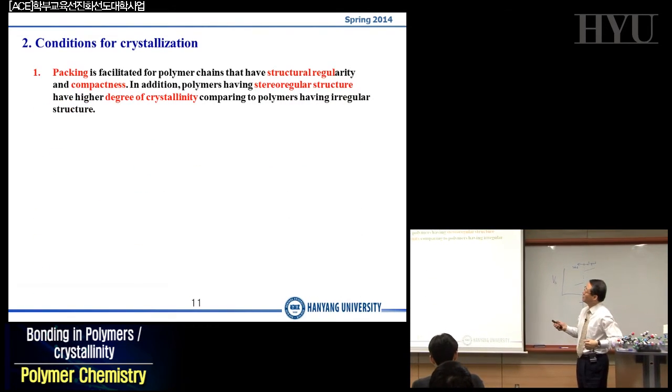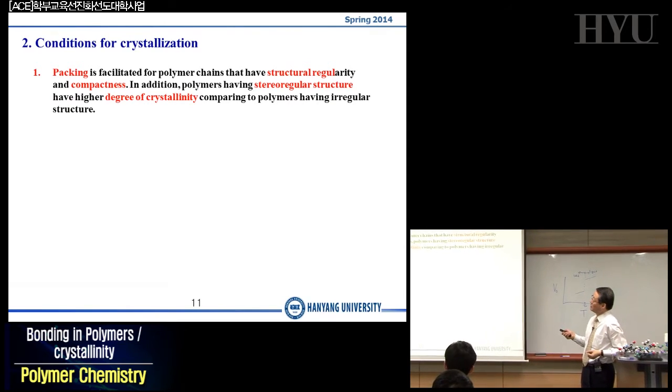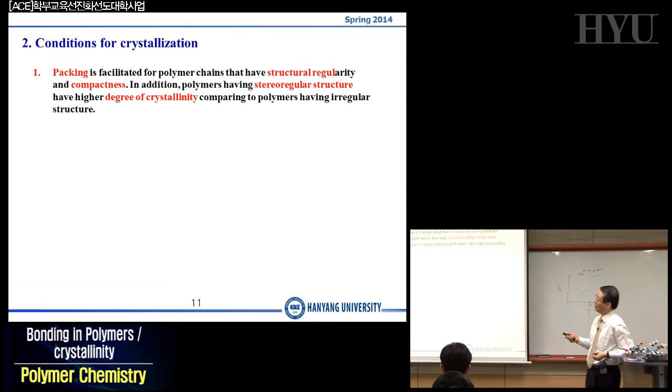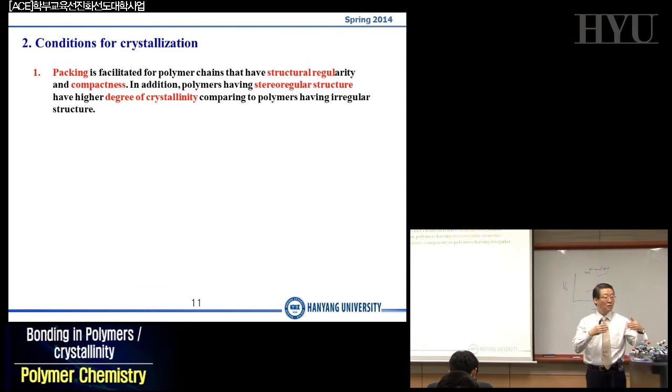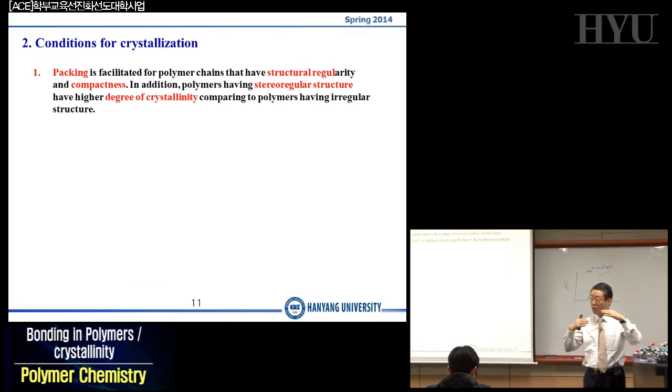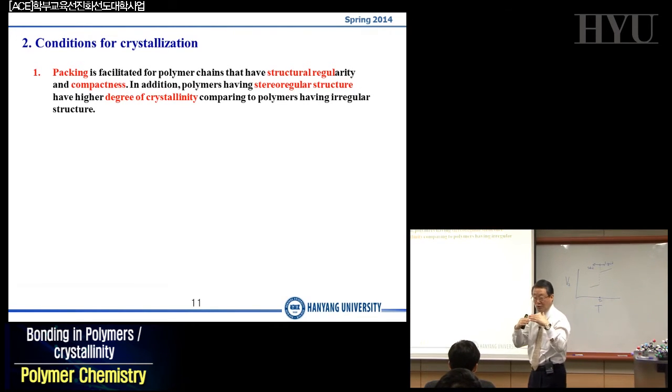Well, the crystallization is actually influenced by the packing. I think I showed you how the chemical structure is very important for the packing. Packing influences your density and compactness. Your structure is very important.